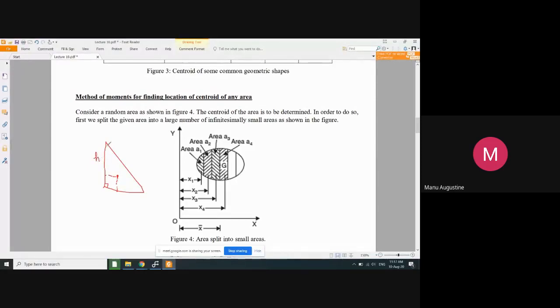So if this leg of the triangle is H and this leg is B, then from this end it would be B by 3, and from this end the location will be H by 3.